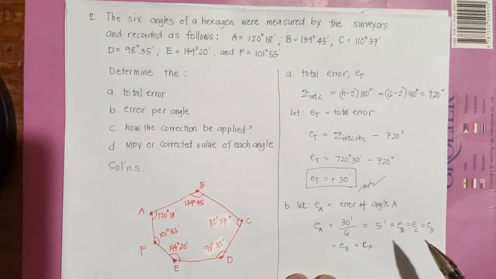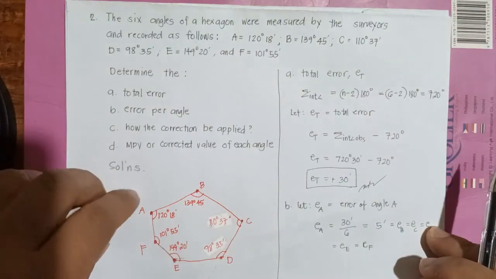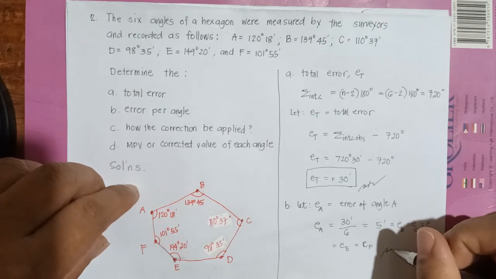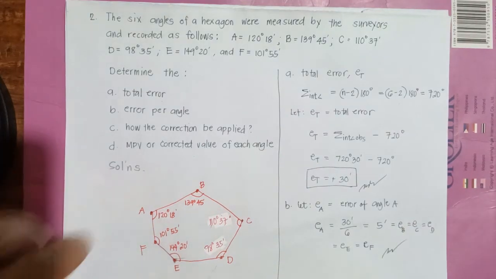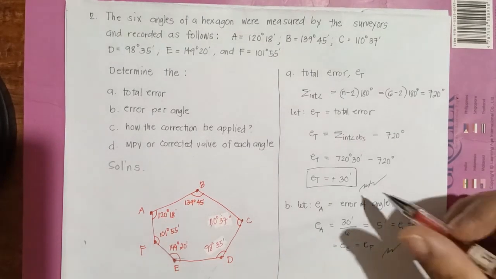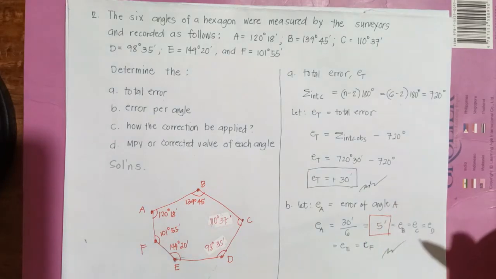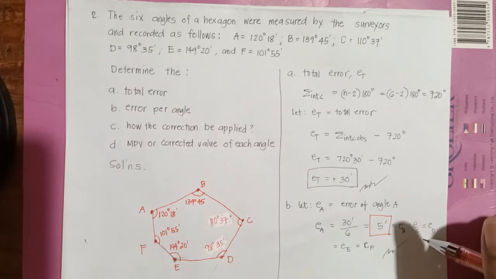There should be 5 separate answers, but since the values are equal, we just group them to shorten the solution. So this is the answer for letter B.